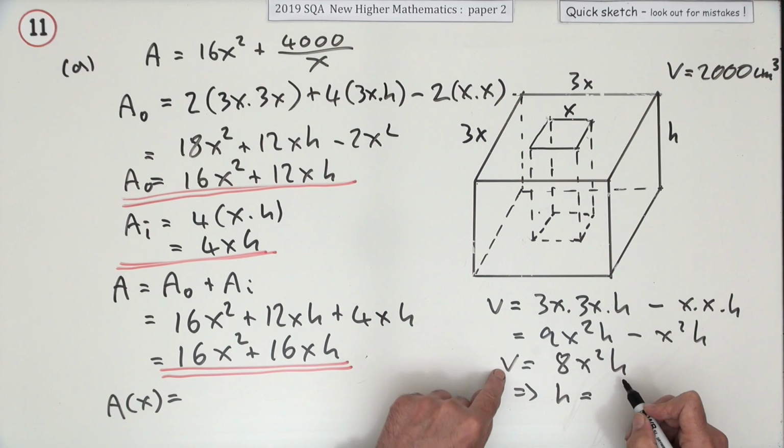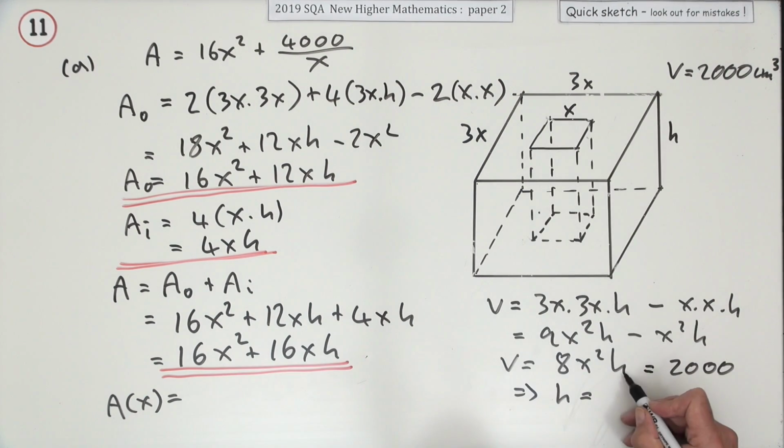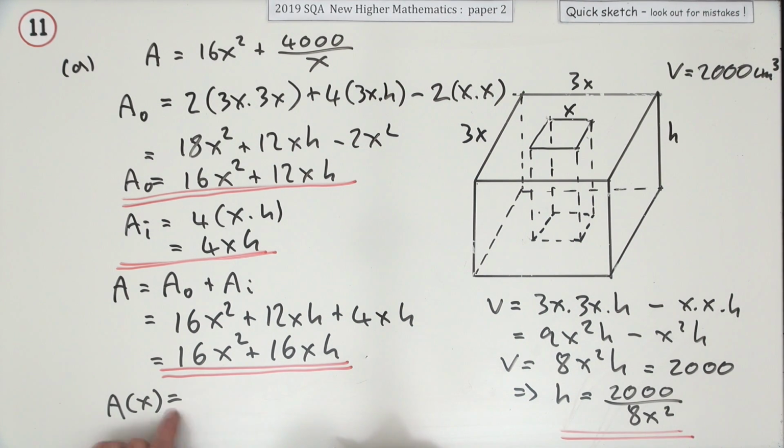So h will equal, and you know the volume, that's 2,000. So h will be 2,000 over 8x squared. Got the second mark yet? Must have. This will be the third mark now. Put it all together. Not much room left.